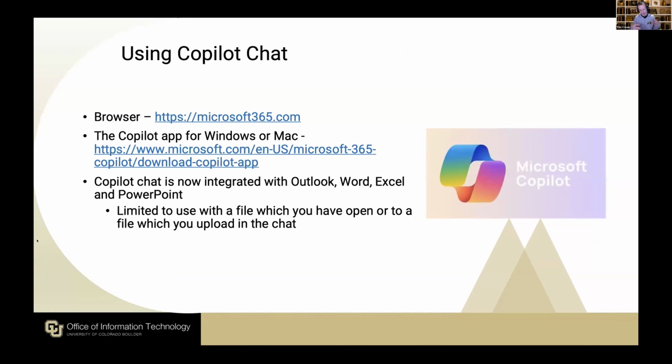The interface is exactly the same as the browser, so the app is really just referencing the web page and showing you the same thing. But it can be nice to have a separate app instead of having to go to a browser tab. So if you're looking to use Copilot, or a current user, and you're not aware that that app is available, I highly recommend it. It's very useful.